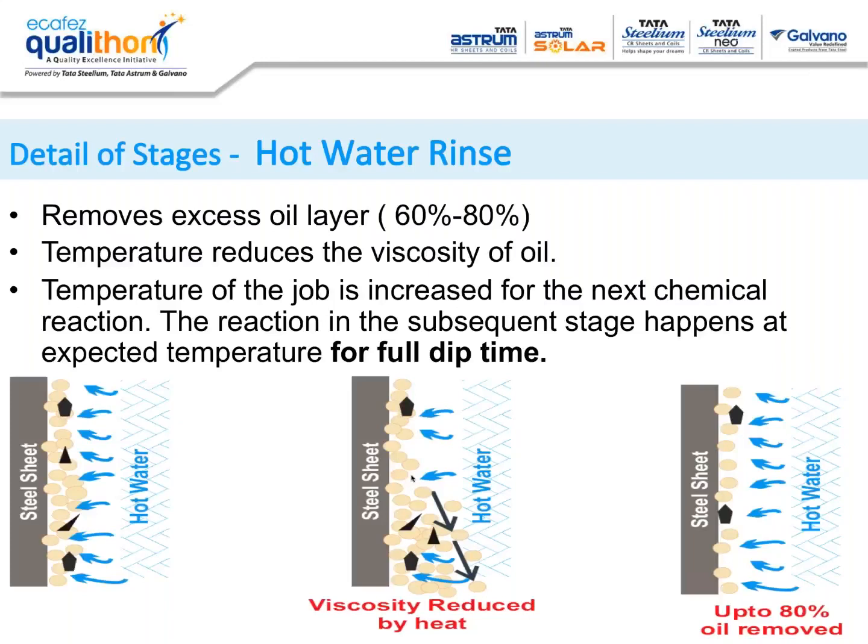Temperature will reduce the viscosity of the oil present on the job. The temperature of the job is increased for the next chemical reaction. The reaction in the subsequent stage, the first degreasing stage, will happen at the full dip time, because the job is already at the reaction temperature of the degreasing tank.